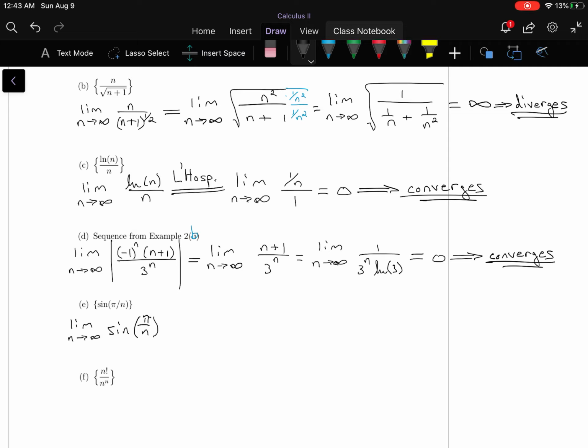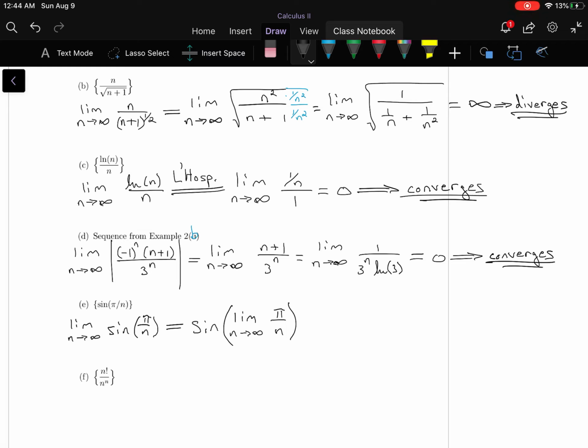Now this is a function within a function. You've got pi over n contained inside the sine function. And so I can view this as sine of the limit as n goes to infinity of pi over n.